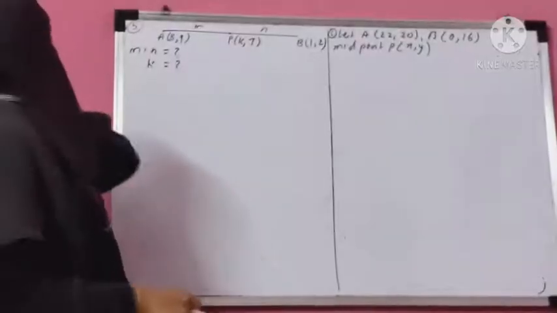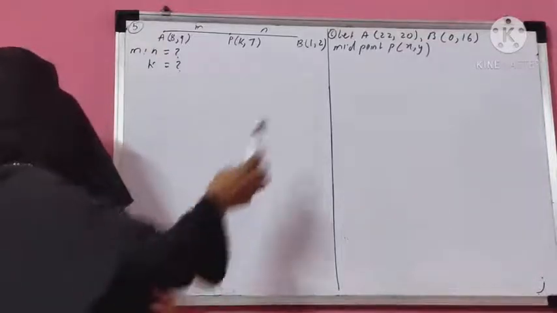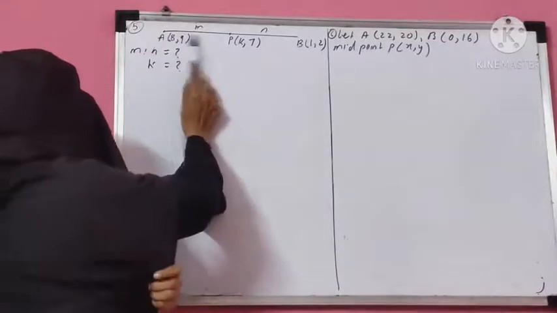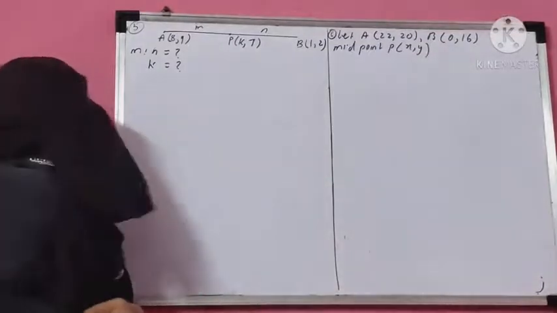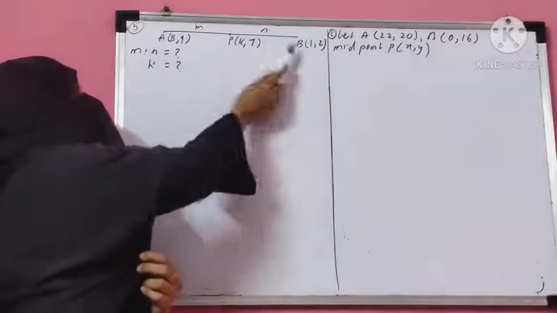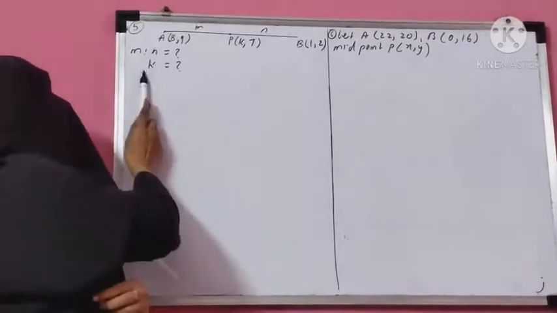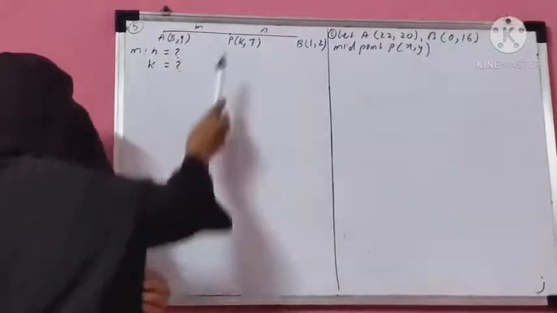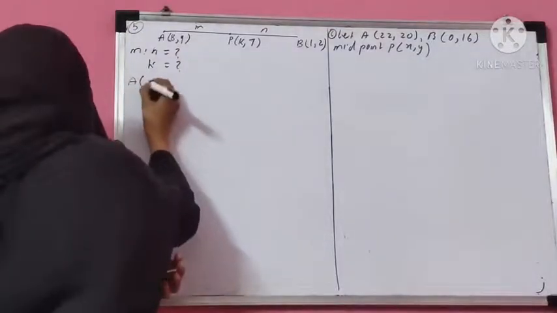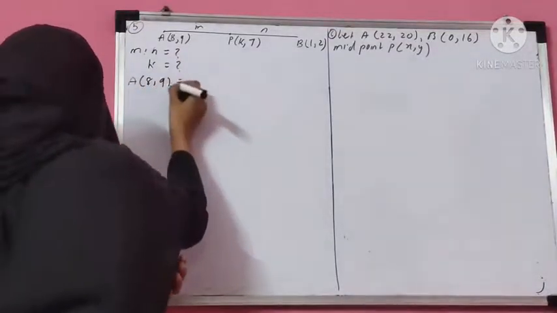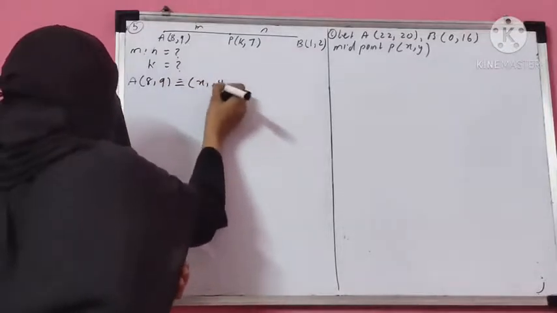Okay. Next, question number 5. Question number 5 is: find the ratio in which point P divides the segment AB. First we have to find the ratio in which point P divides the segment AB. Next you have to find the value of K. A is the first point, so the coordinate of A, (8, 9), is nothing but x1, y1.